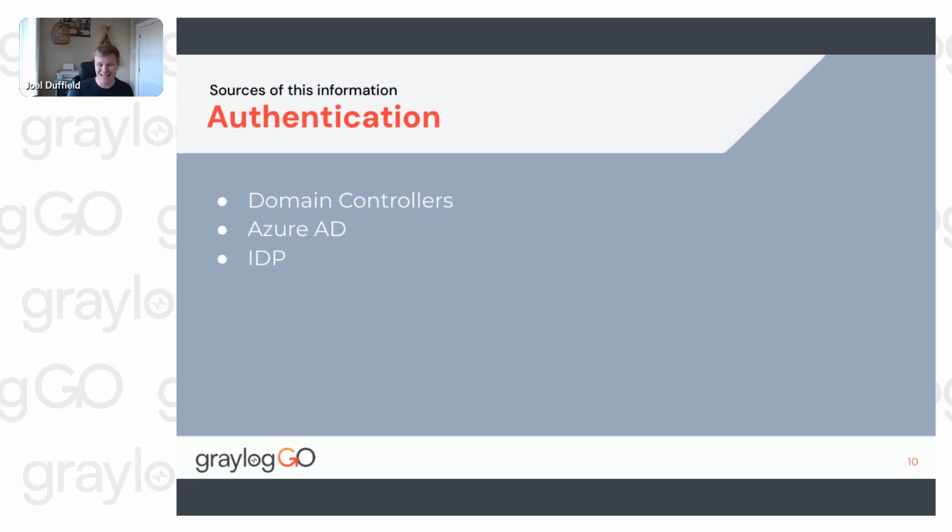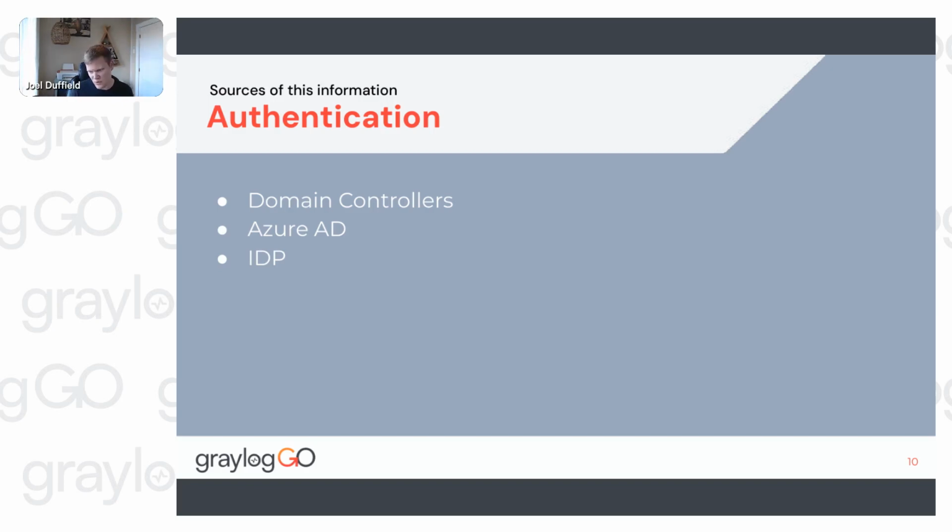Now, we may need to take this information and convert it into our data schema. The field names may not necessarily match up, but it should come in some kind of structured format. If we're bringing it in from domain controllers and we're using Winlogbeat or NXLog, it's going to come in structured. From Azure, it's going to come in structured.